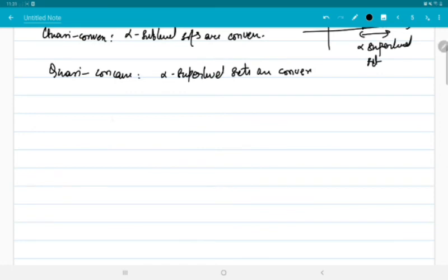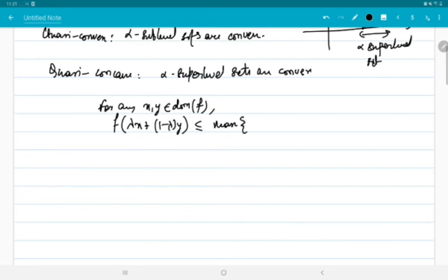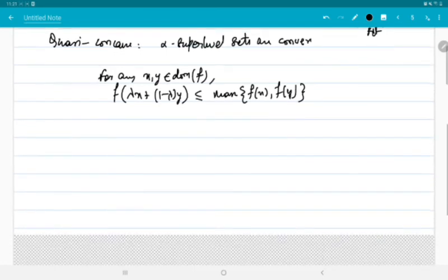It goes like this: for any x and y in the domain of the function f, f of lambda x plus 1 minus lambda y, which is a convex combination of x and y, should always be less than or equal to the maximum of f of x or f of y.